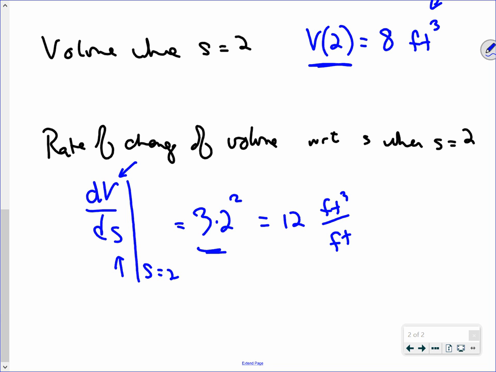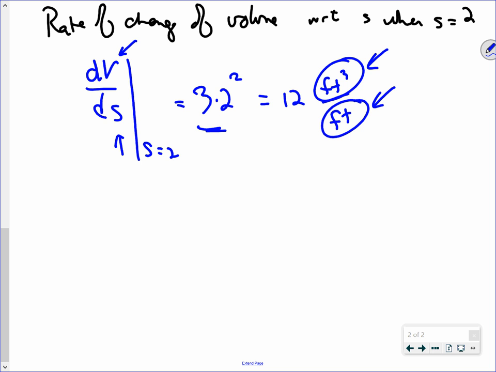You're maybe thinking, doesn't make any sense now. Volume changes by 12 cubic feet every time the side changes by a foot. That's what that's telling you. The volume changes, its cubic feet change, as the length of the side changes. So don't reduce that. Leave it in exactly that form. Okay? This means that the volume is increasing because the rate of change is positive.